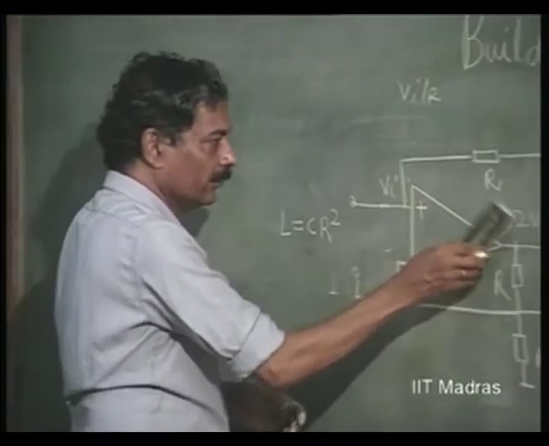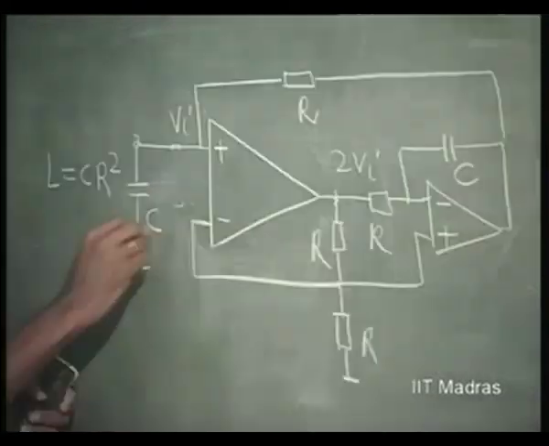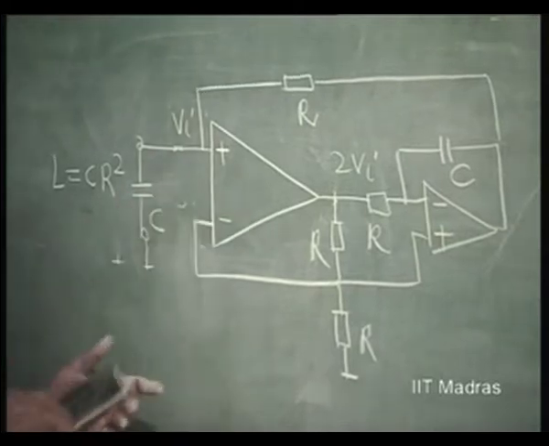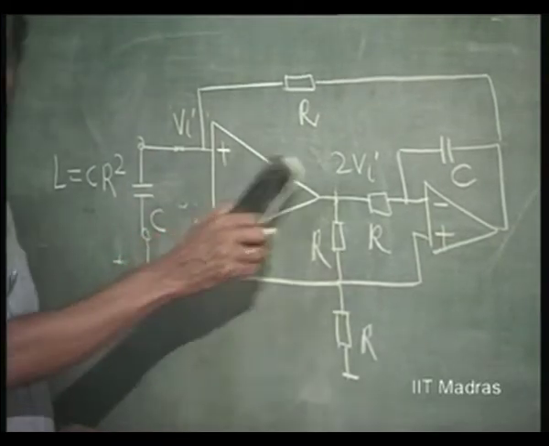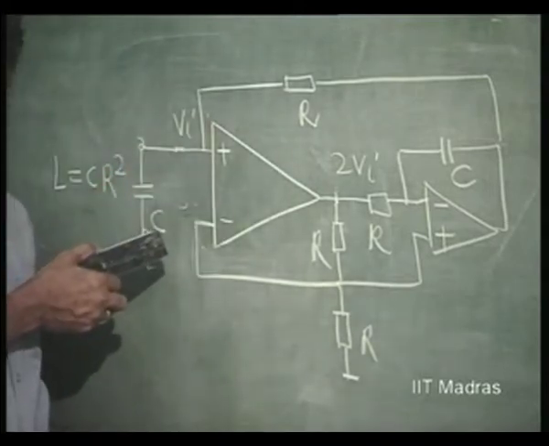Now, I want the capacitor to come here. If the capacitor is connected like this, will it oscillate? Unfortunately, we have assumed that these are ideal operational amplifiers with infinite gain. That is how we are able to derive this as C R square.